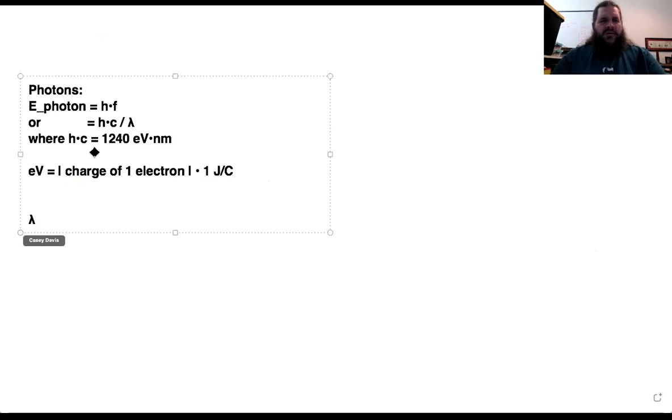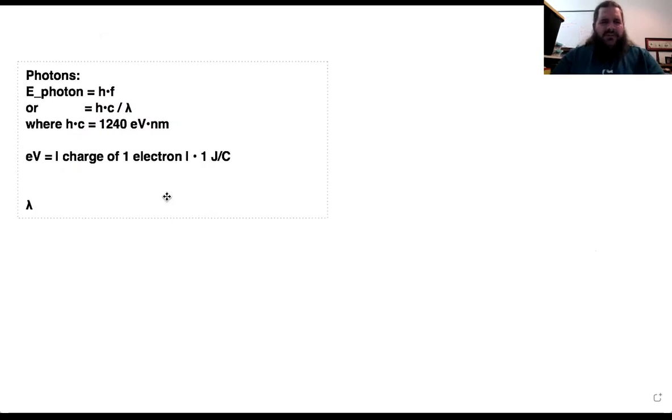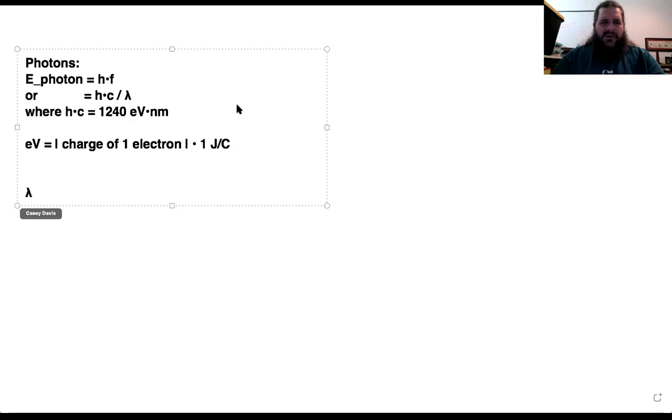So this photon formula, this idea that the energy of 1 photon is hc over lambda, is pretty much universal. This is always how much energy 1 photon has. So you can always use that anytime you're talking about a photon being emitted by some system or a photon being absorbed by some system.